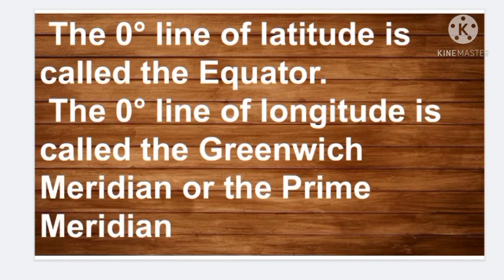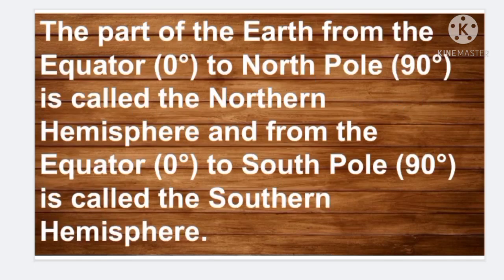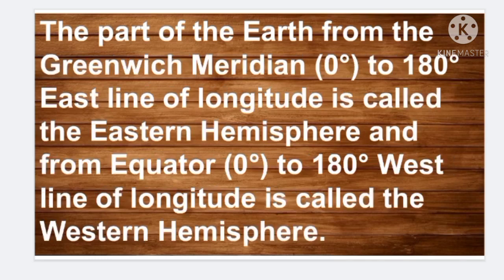The 0 degree line of latitude is called the equator. The 0 degree line of longitude is called the Greenwich meridian or the prime meridian. The part of the earth from the equator 0 degree to north pole 90 degree is called the northern hemisphere, and from the equator 0 degree to south pole 90 degree is called the southern hemisphere.